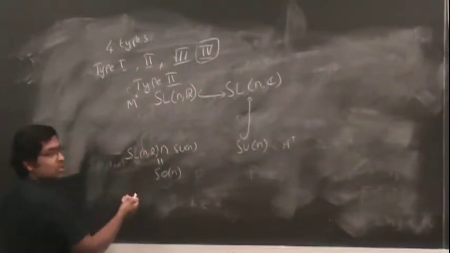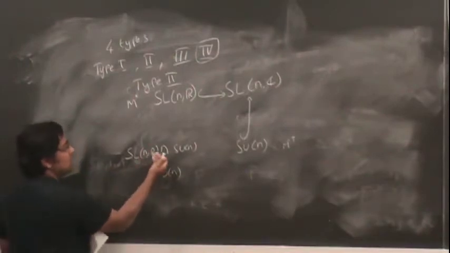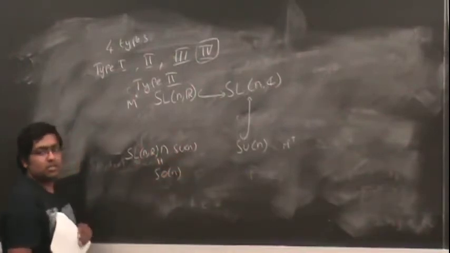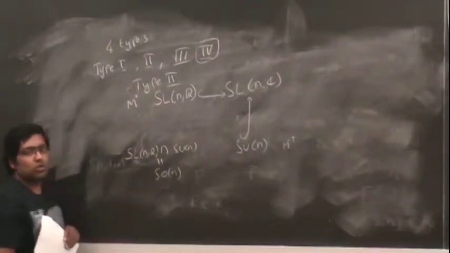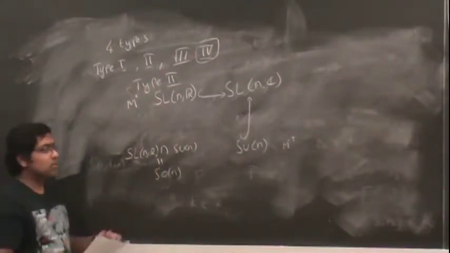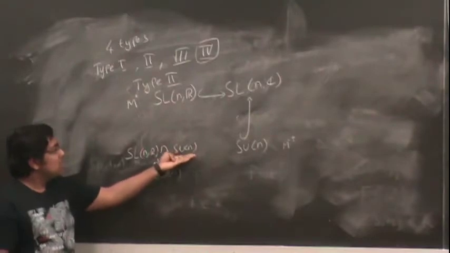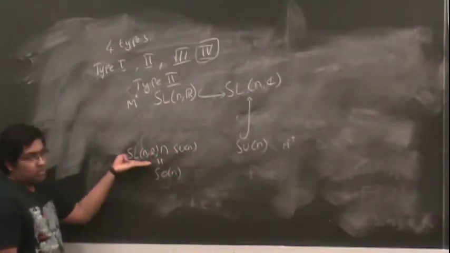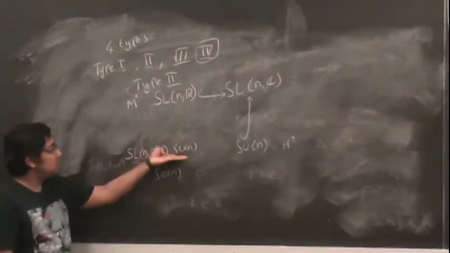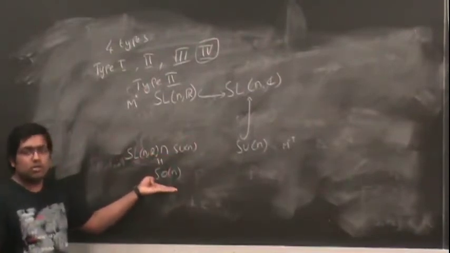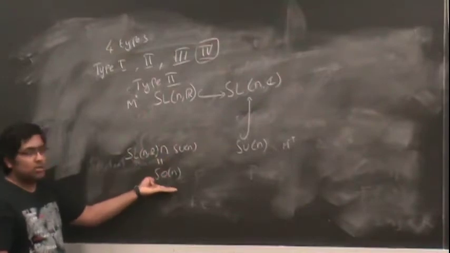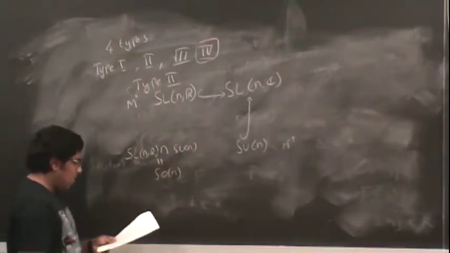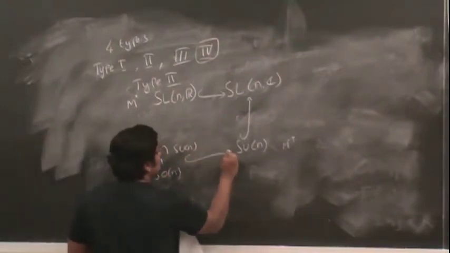These are real matrices. These are unitaries, so we get orthogonal matrices, because this has the property that dagger is its inverse, but it has to be real. So this boils down to saying that transpose is inverse. So the intersection is SO(N).